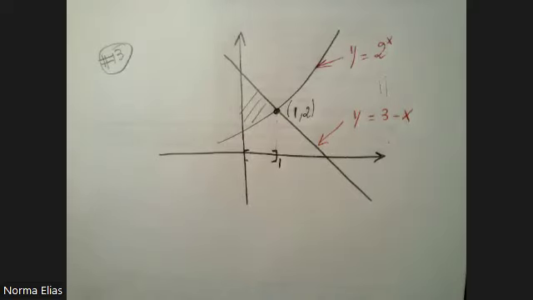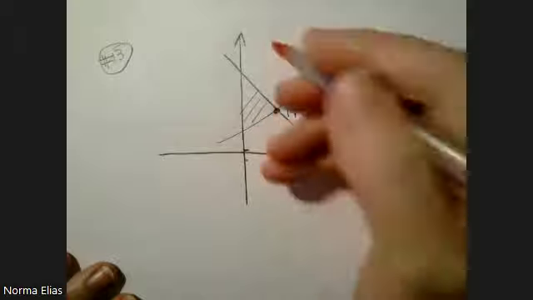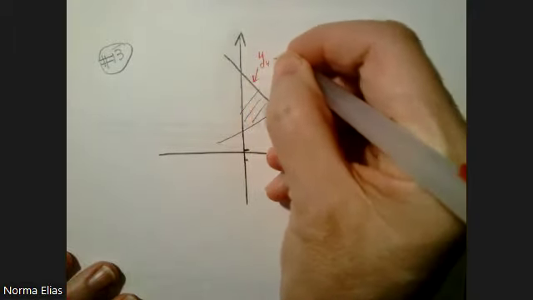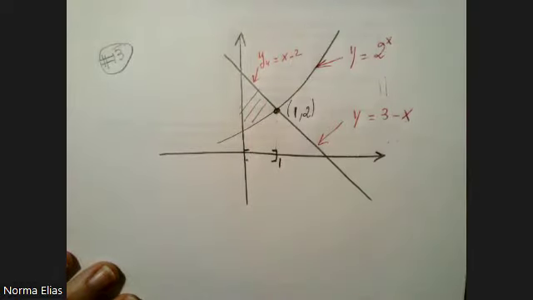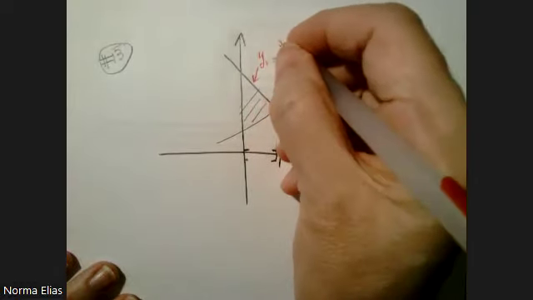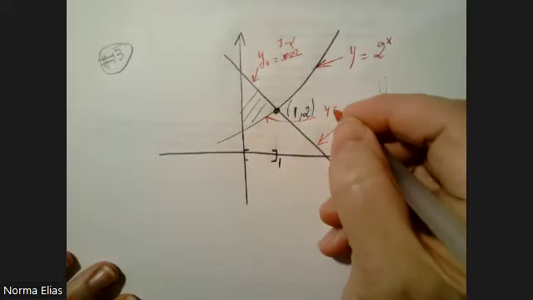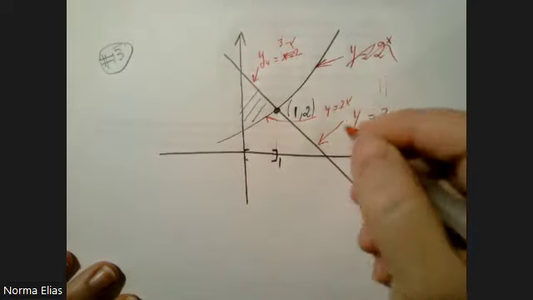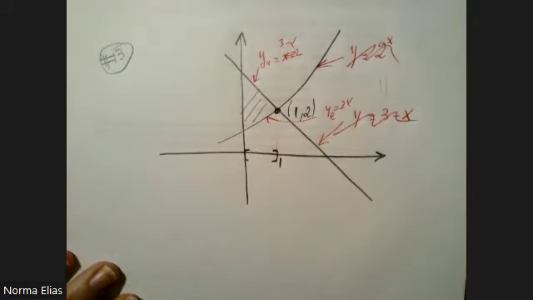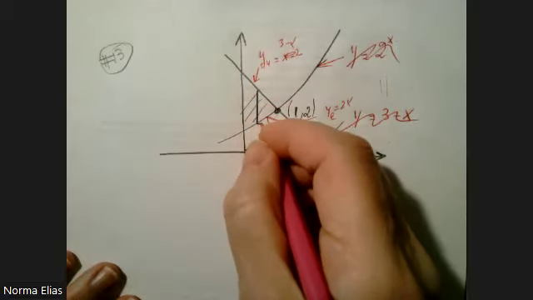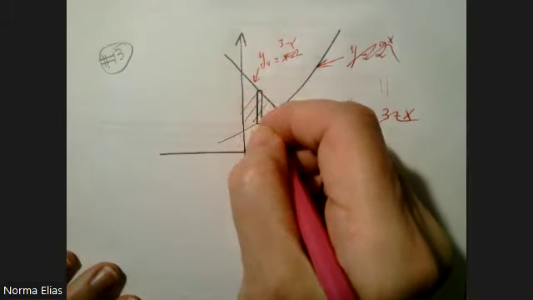And now we definitely have to know which is my upper curve. In this problem, it's very clear. The upper curve is the line, 3 minus x, and the lower curve is 2 to the x. So the way we do it, we take what we call the typical rectangle.